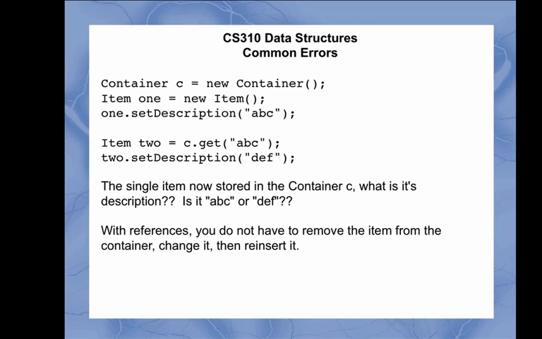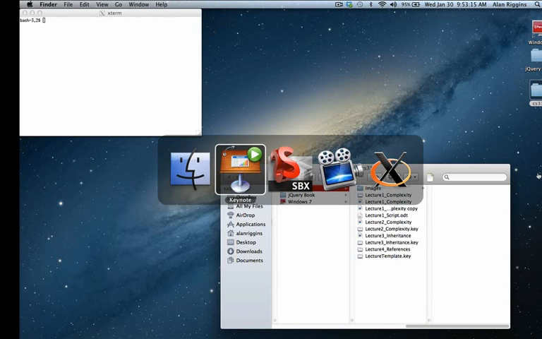So when we get the description for this thing, we pull it out of the container and we assign it to 2. Then we change the description. So what happens here? Does one description change to DEF? Yes, it does. So again, I want to look at what's going on here. We have this container class.